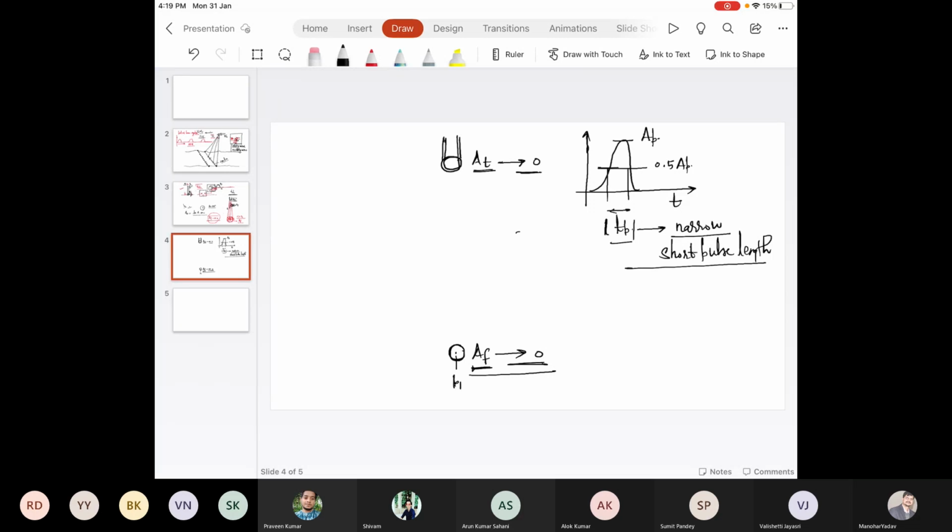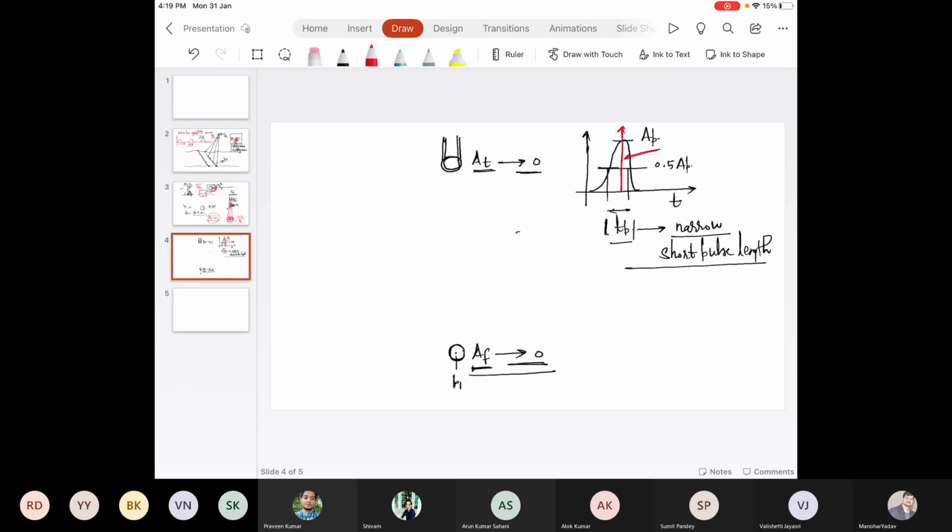In the ideal case, it should be an impulse signal. If it were an impulse signal, it would be best. But we know that using any electronic circuit, we can't generate an impulse signal.